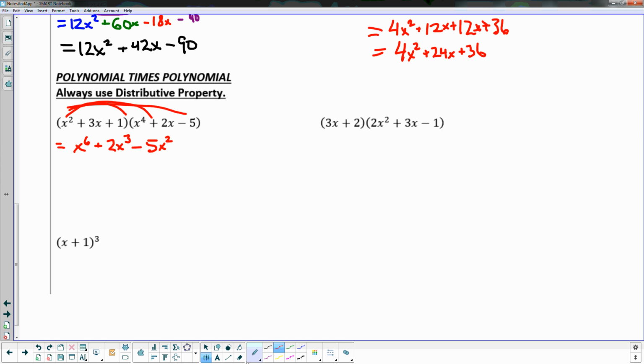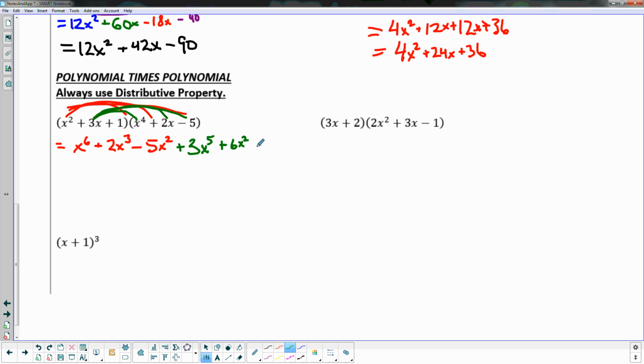Okay? So now I've done that. Now I'm going to take my next number and multiply it by everything in the second. The lines get a little bit crazy. You just have to go in order. 3x times x to the fourth will be 3x to the fifth. 3x times 2x will be 6x squared.